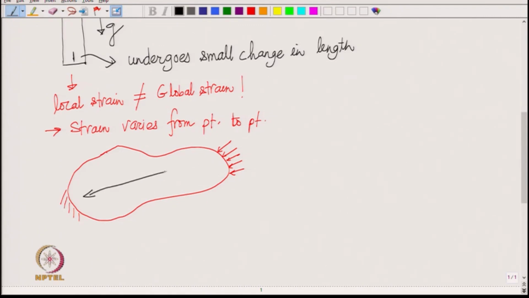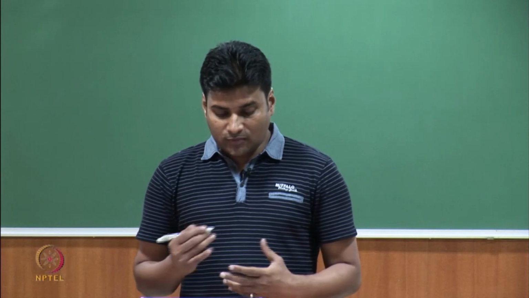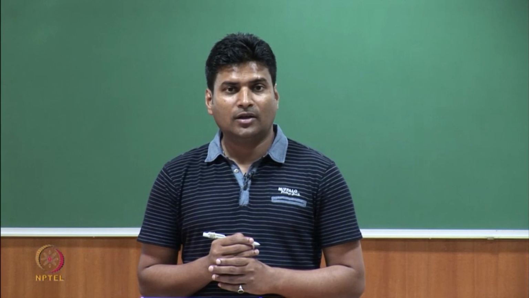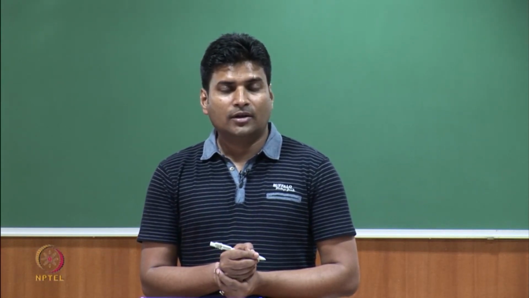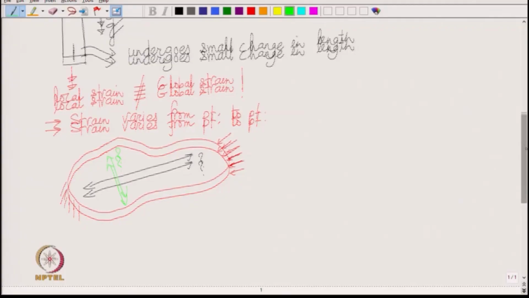Do we take this length, question mark, or do we take this length? So, there are basically so many lengths. So, the concept of strain for a 3D body as against a bar is a bit complicated, and there are many kinds of strains you will learn later on.